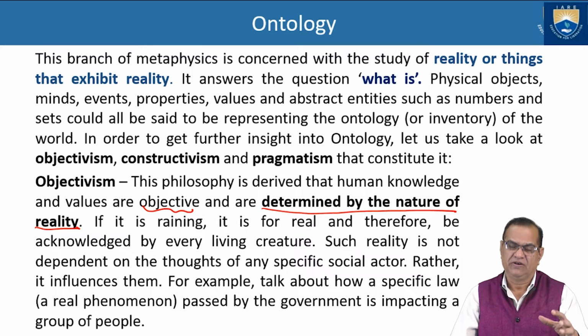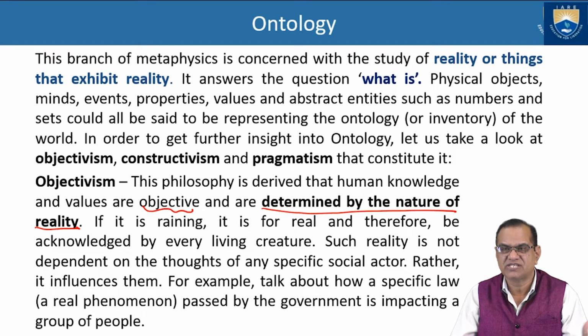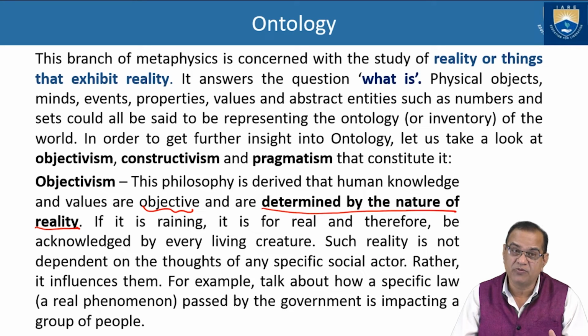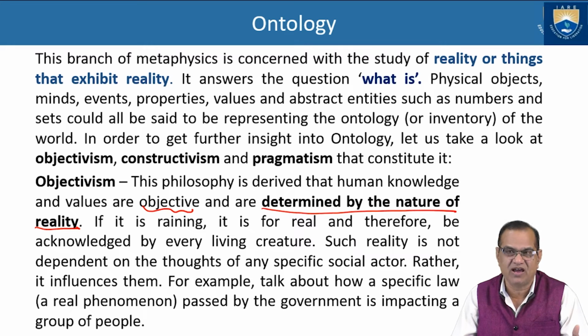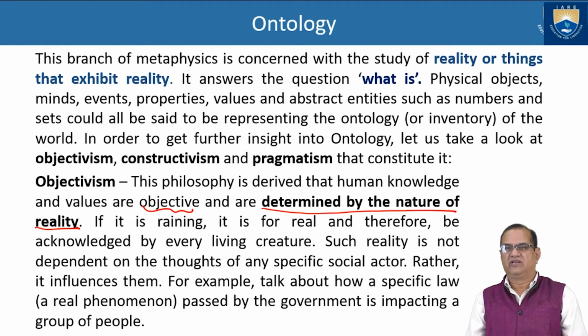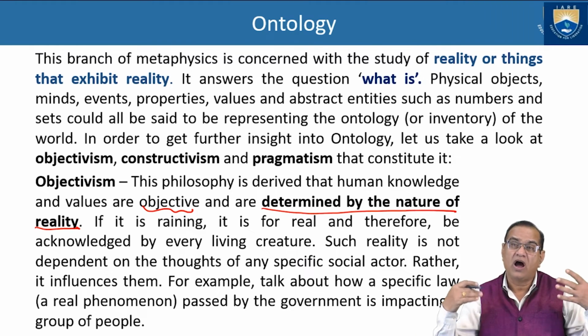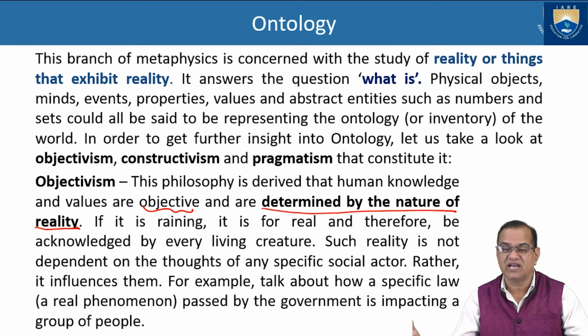Suppose one law is implemented. You should study what the condition was before, and after the implementation of the law, after 1 year or 2 years, how things are happening. If it is raining, how much flood is coming, how many people are getting benefit, and how many are not.